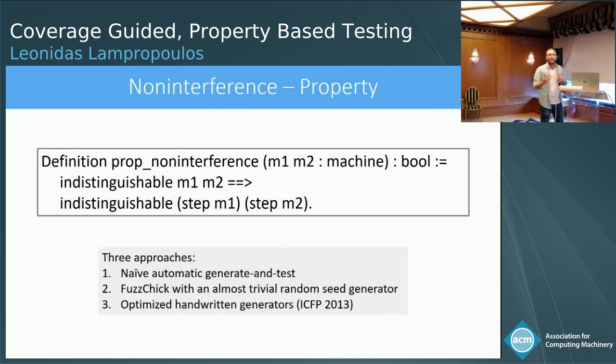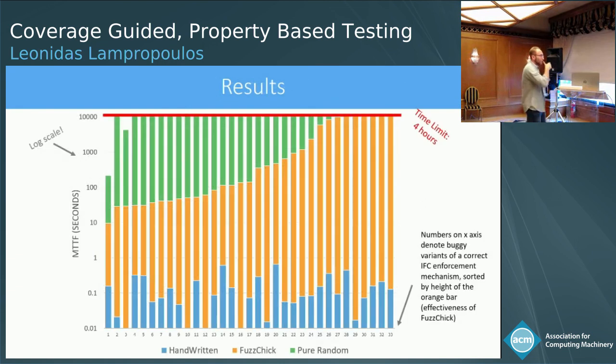This very naive generate and test approach that we expect to be horrible. The original case study on testing noninterference, which was the point of an ICFP paper 6 years ago, that has optimized generators for testing these sorts of machines, and an approach with FuzzChick with automatically derived generators and mutators.